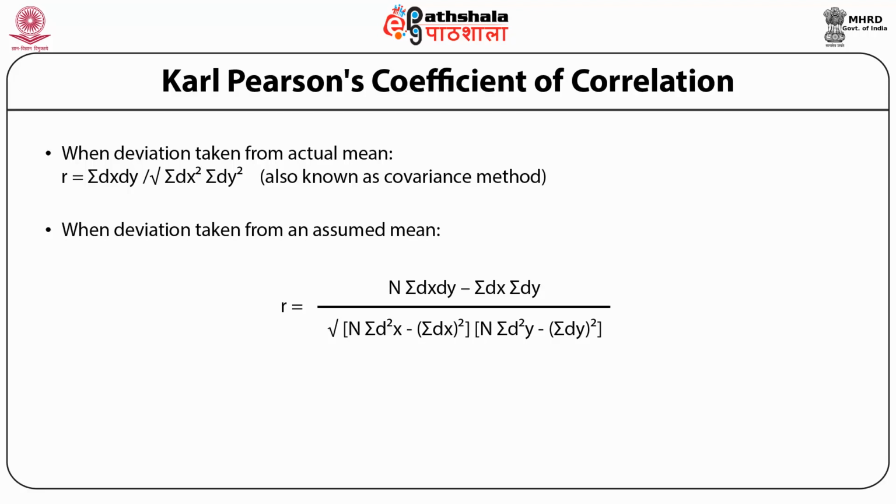In the second formula, dx, dy and sigma dx, sigma dy are all deviations from the assumed mean. I advise using the second formula to calculate Pearson's coefficient of correlation because of the ease in calculating the values of dx and dy.